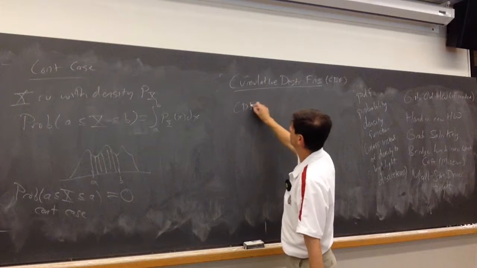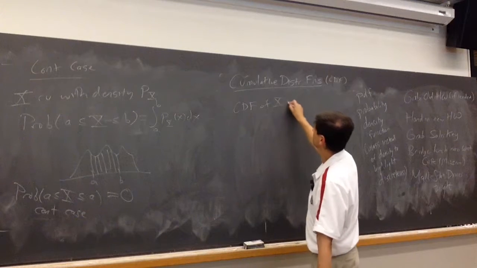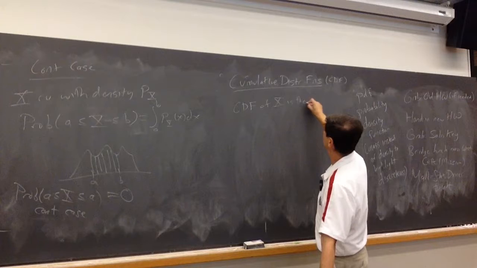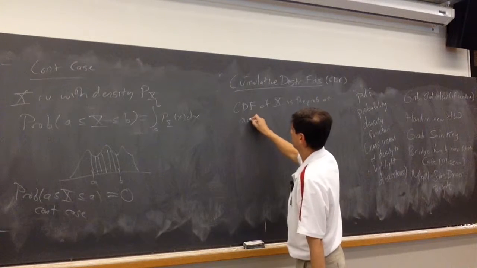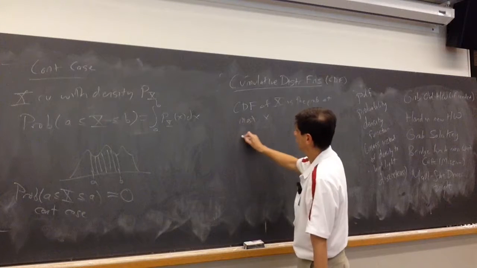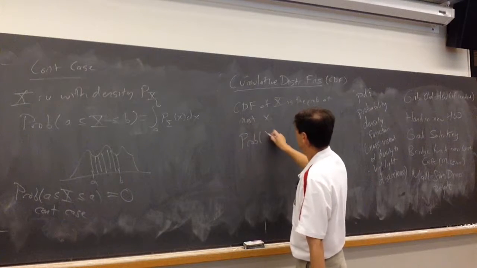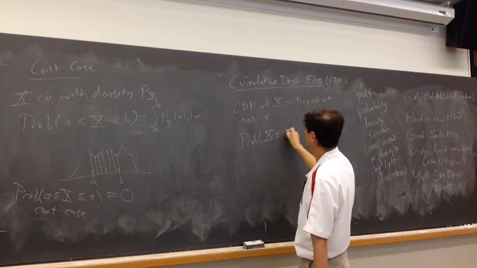So the CDF of x is the probability at most x. So for instance, the probability that big X is less than or equal to little x.